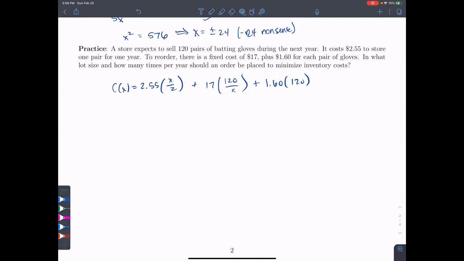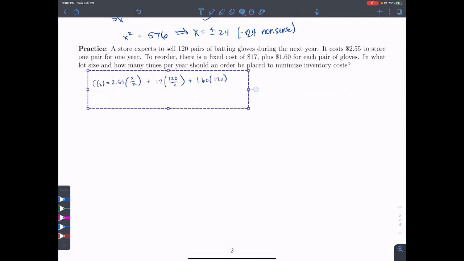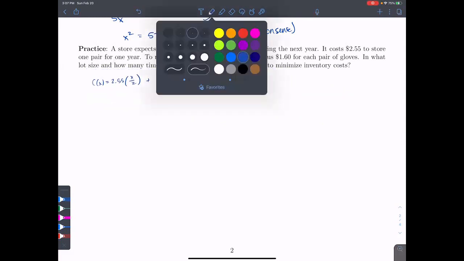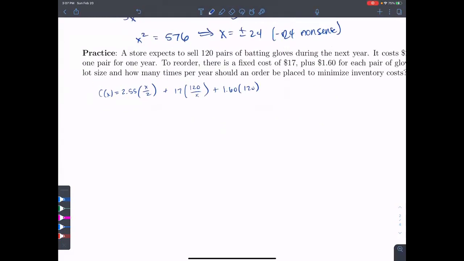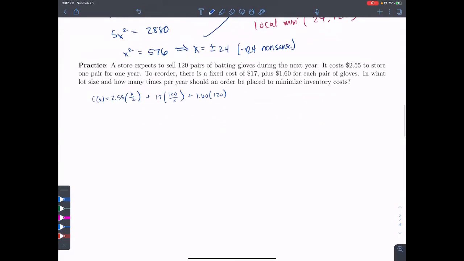So that is our cost function. So if we simplify here, this is 1.275 x plus 2040 over x plus 192.